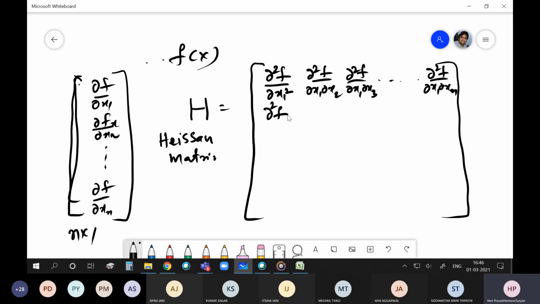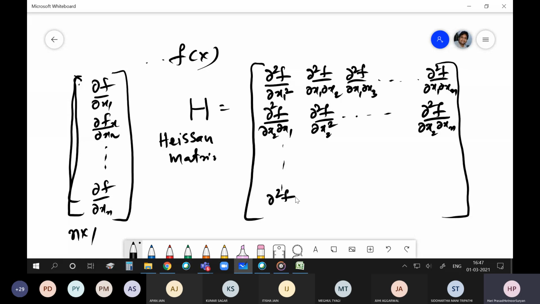Then here, dou square f by dou x2 dou x1, then dou square f by dou x2 square and so on, dou square f by dou x2 dou xn.